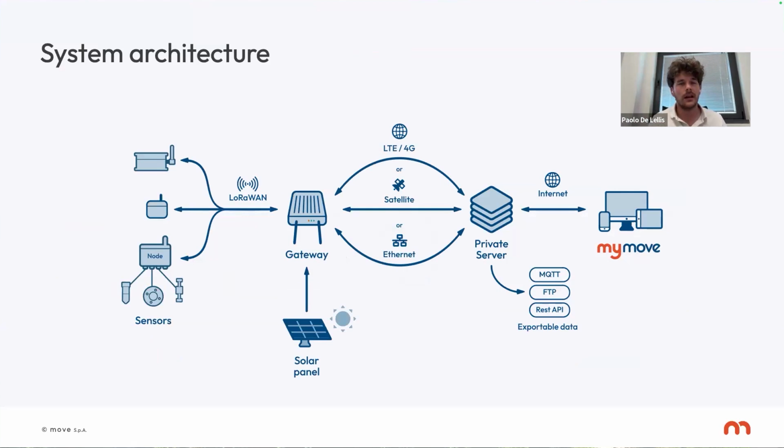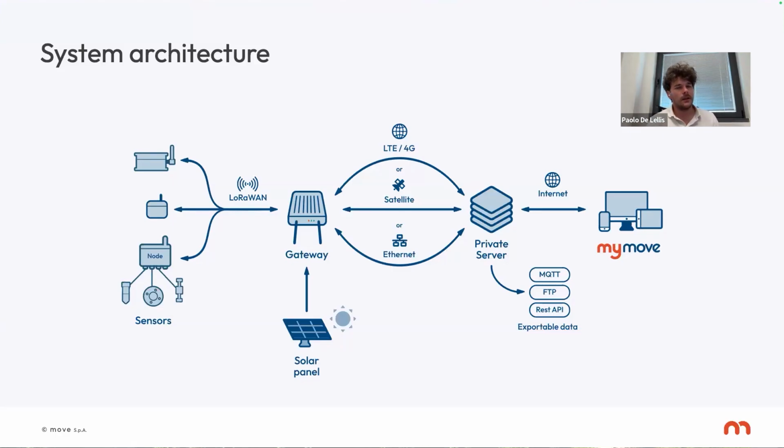With the gateway, you can cover a very huge area, and the gateway transmits all the information using internet communication to a server. On the server, you can see all the information that you require directly on the MyMove platform, which is the focus of today. But of course, you are free to export the information to another platform.